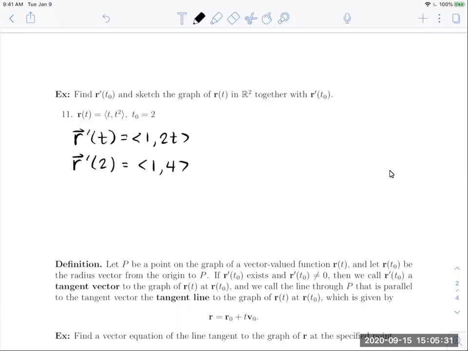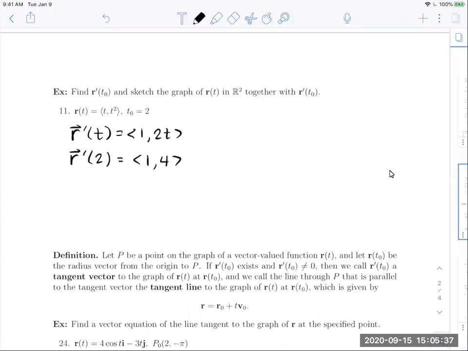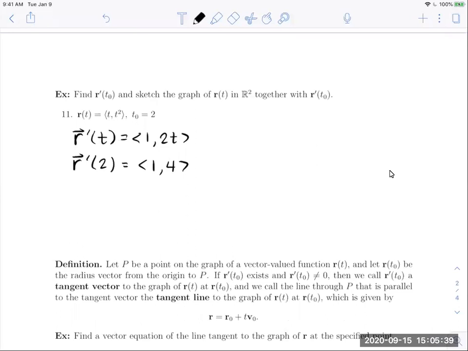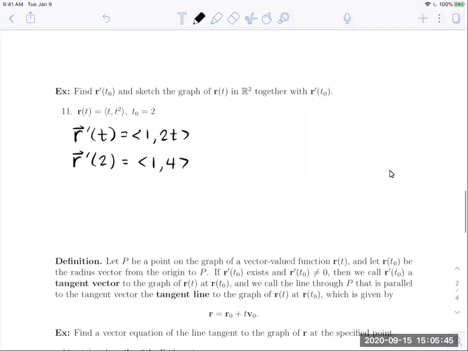So now what I'd like to do is sketch this graph of the function r of t together with the derivative. There's a way for me to do a sticky, but I can't remember how to do it. So we will just sketch it freehand. So here's x and y. And let's start by sketching the original graph.